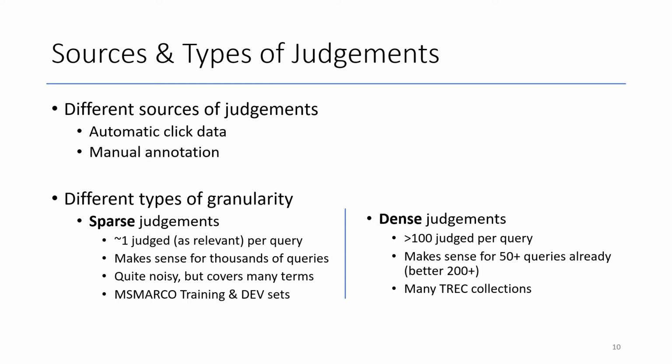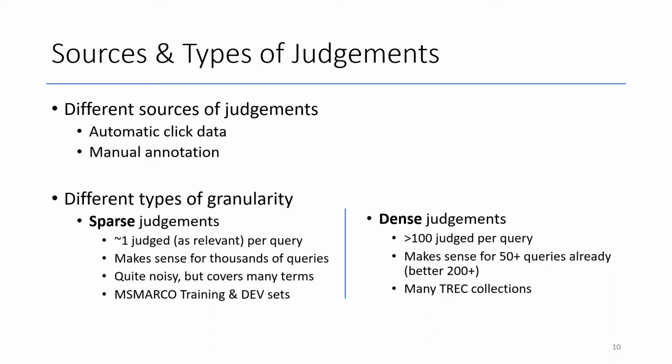And here we have different types of granularities. First are the sparse judgments. They are called sparse because most of the time they only have one judged document per query, judged as relevant. This makes sense if you have thousands and thousands of queries, which of course gives you very noisy judgments, but it covers many terms.